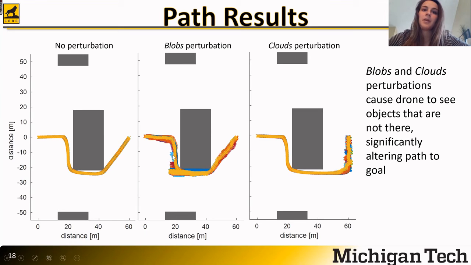You can see where the robot would almost have to back up and make small turns to navigate around these randomly appearing blobs. And also with the clouds perturbation, it's a little different because that one cloud point stayed in the same position. So you can see the robot was not affected by that until it hit this final section right here. And instead of being able to make this diagonal right here, the cloud was in the way. And so it had to go farther along and wrap around to get to the goal point.